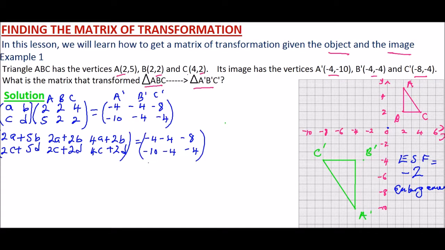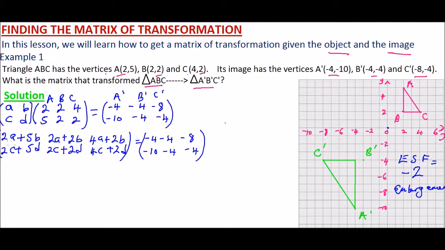Now, because these two matrices are equal, we have an equal sign. Then what we normally say is that the corresponding elements of the matrix are equal.